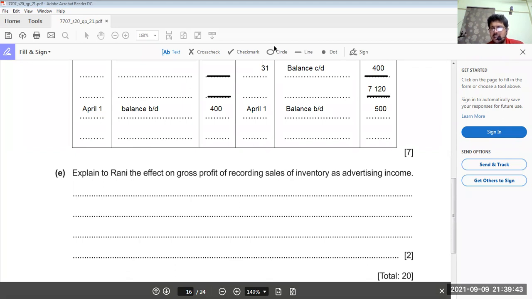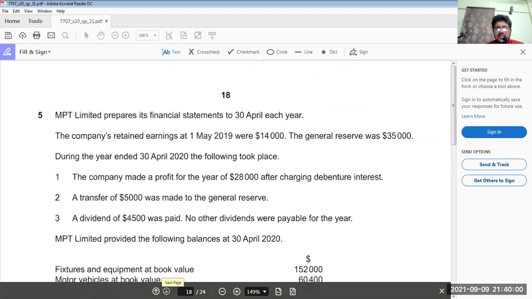Advertising income is going to be added to gross profit as another income. And if we are recording sale of inventory as advertising income, it means the amount of gross profit is understated. Getting my point clear? Then, next question.